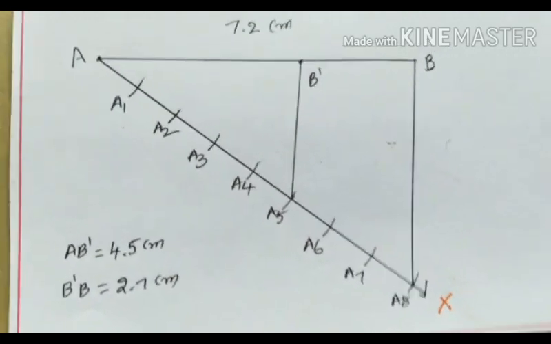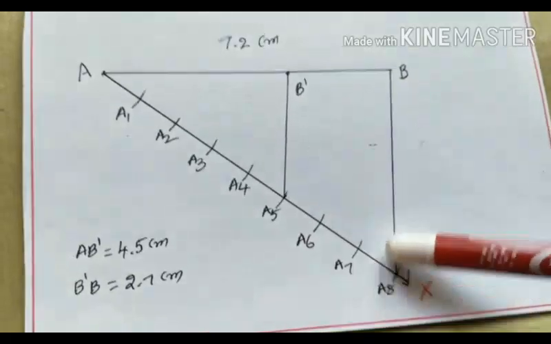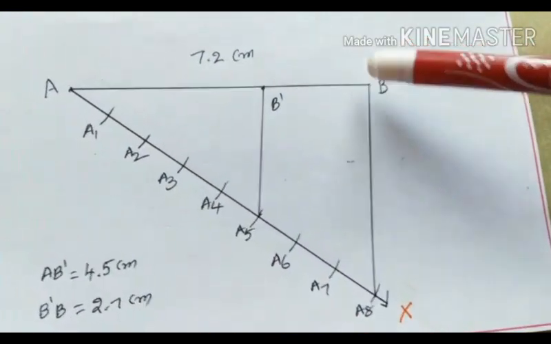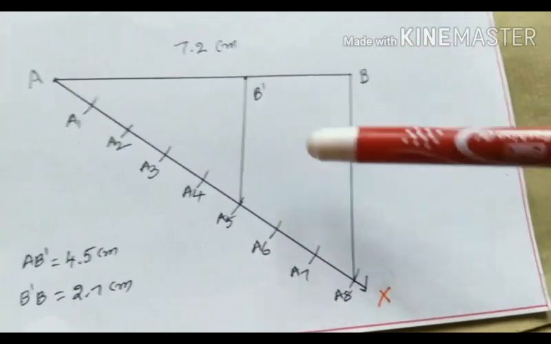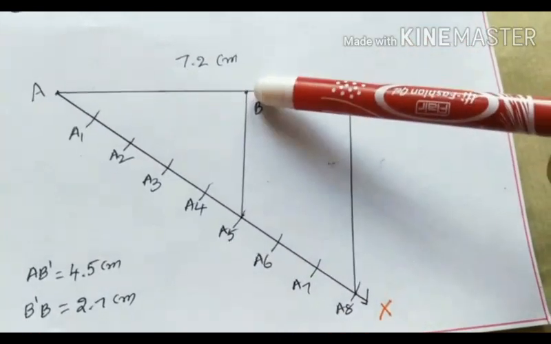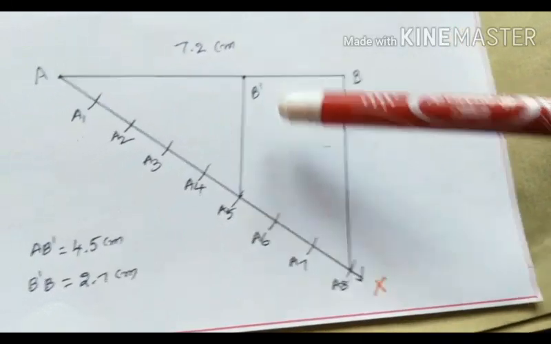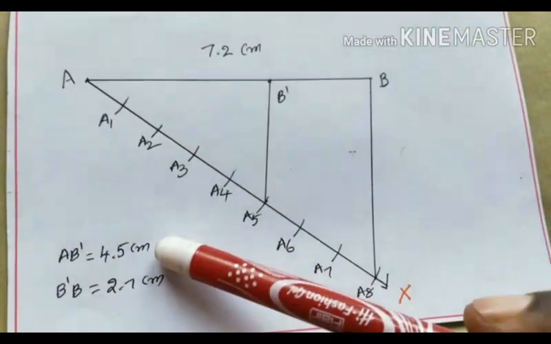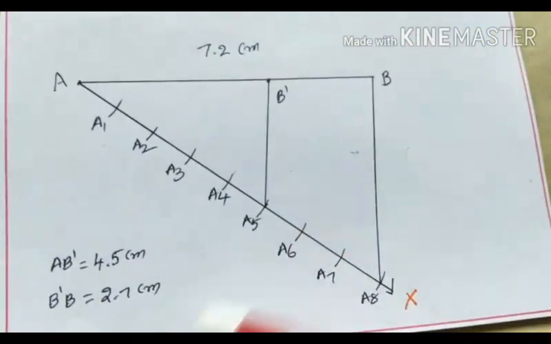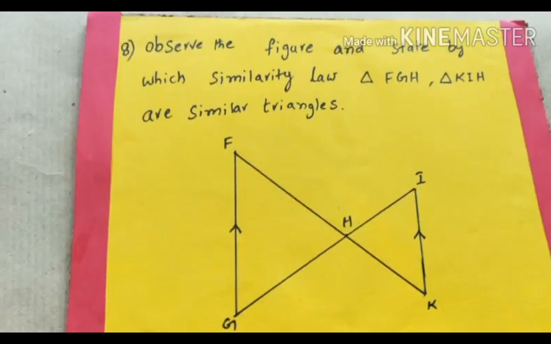So join A8B and draw a line parallel to A8B through A5, meeting AB at B dash. Now measure AB dash, 4.5 centimeters, and B dash B, 2.7 centimeters.